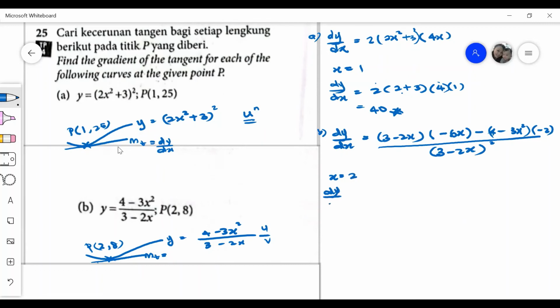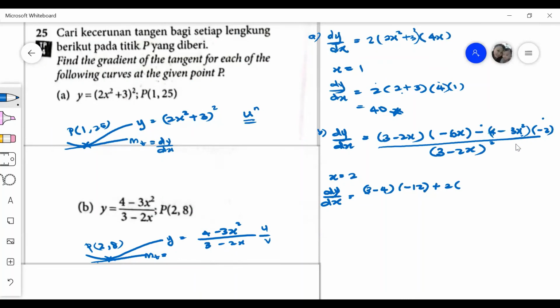Therefore, dy by dx equals (3 minus 4), 2 times 2 is 4, and then negative 6 times 2, we have negative 12. And then minus negative with negative 2, so it becomes plus 2 times 2 squared, which is 4. 2 squared is 4, 4 times 3 is 12.